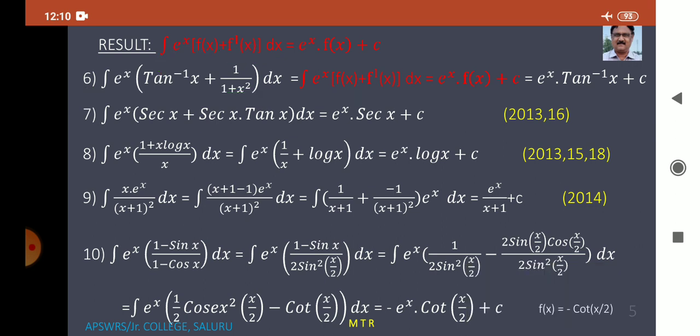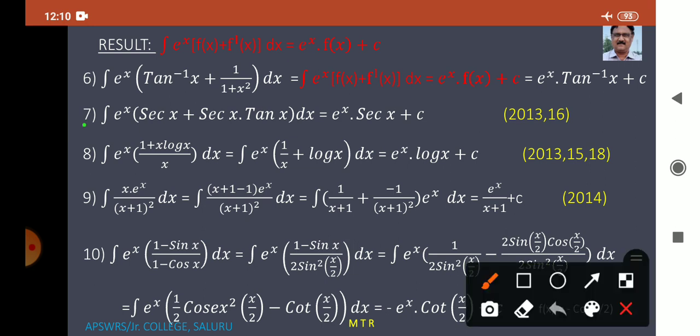Okay. Now let us see the next problem, 7th problem. Evaluate integral e power x into secant x plus secant x into tan x. If there is an e power x, first we observe whether there is any function such that the derivative of that function is again in the problem. Yes.